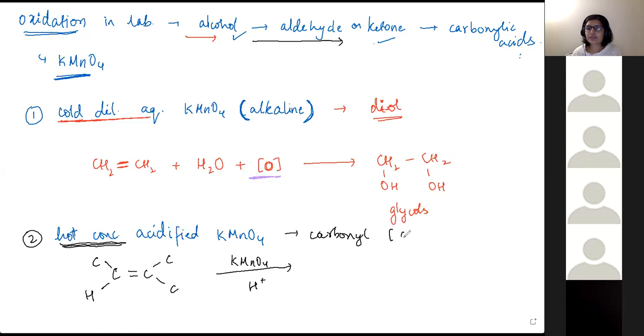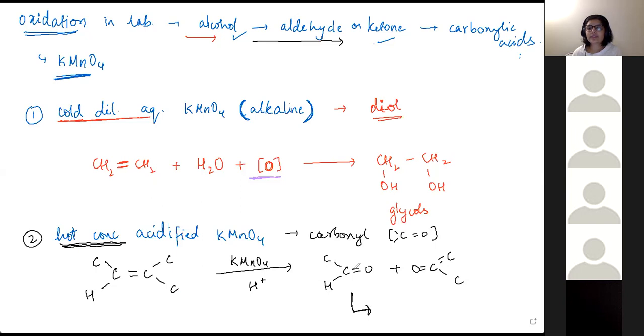Carbonyl is basically C=O. So I'm going to get C=O, with the same groups present here, plus C=O, with the same groups present here. Usually aldehydes are more easily oxidized than ketones.